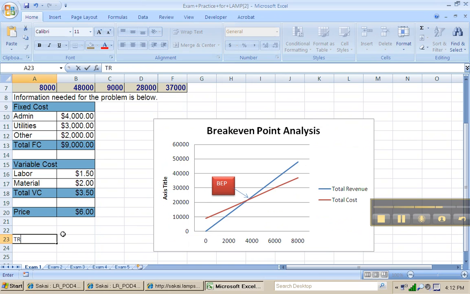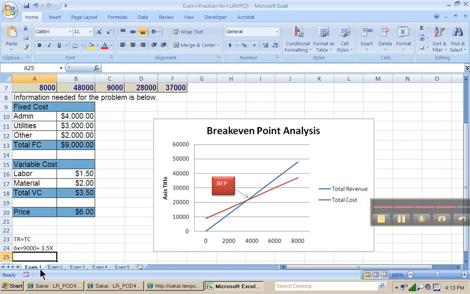So total revenue, 6x, is equal to total cost, which is fixed cost, 9,000, plus variable cost times x, 350x. And you would just solve that for x.